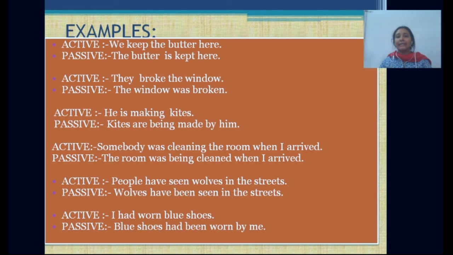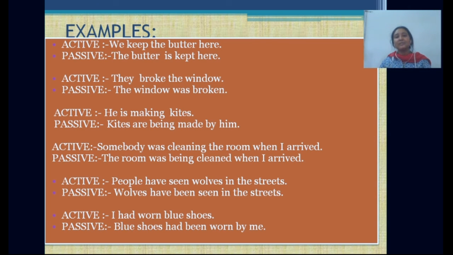Somebody was cleaning the room when I arrived. Now, who is receiving the action? The room. The room was, as it is in the past continuous, being cleaned. Was cleaning becomes was being cleaned when I arrived. People have seen wolves in the street.